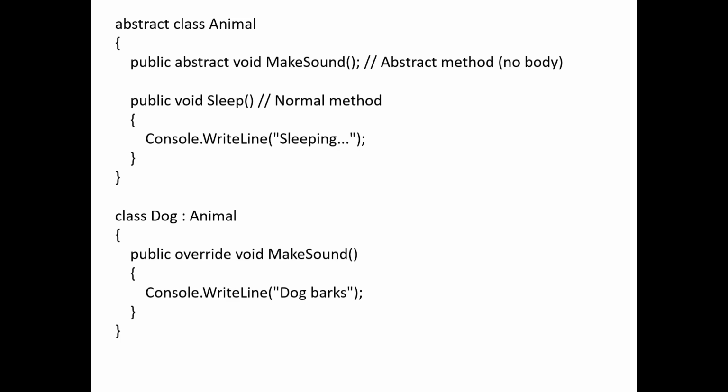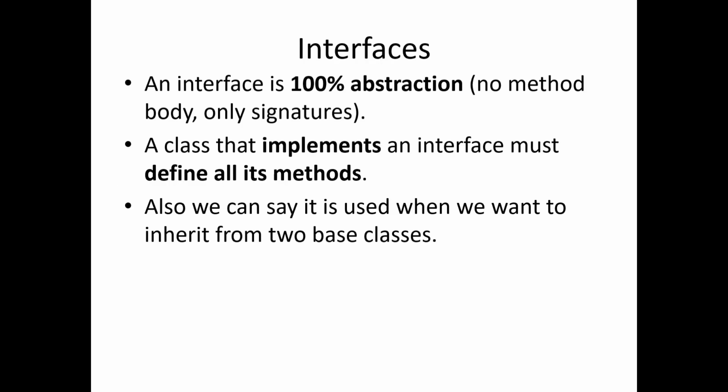Now coming to interfaces. An interface is just like abstraction, but in this we do not define the body of the method, we just declare the signature. A class that implements an interface must define all its methods. Also, we can say it is used when we want to inherit from two base classes.